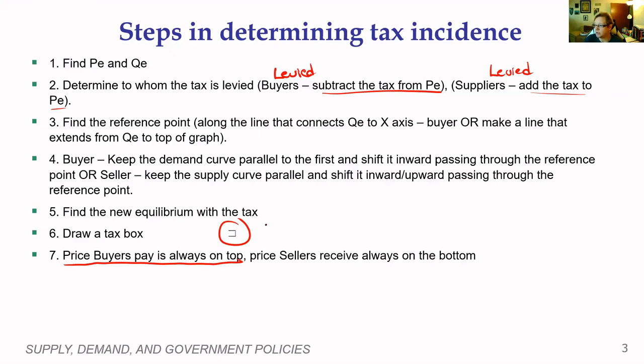So when you draw this tax box, the price that buyers pay is always going to be on the top. The price the sellers receive is always going to be on the bottom. That doesn't change regardless of who the tax is levied on. And then the box itself will represent tax revenue. Okay, so hopefully 1 and 2 make sense at this point. 3 through 8 is probably very confusing, but I think will make sense once we do this illustration.